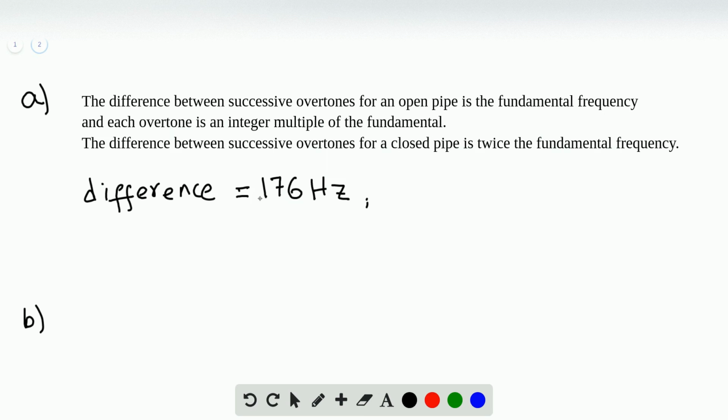If you take the difference between the successive frequencies, you get 176 hertz. So if we divide 264 hertz by 176, we see this is not an integer.